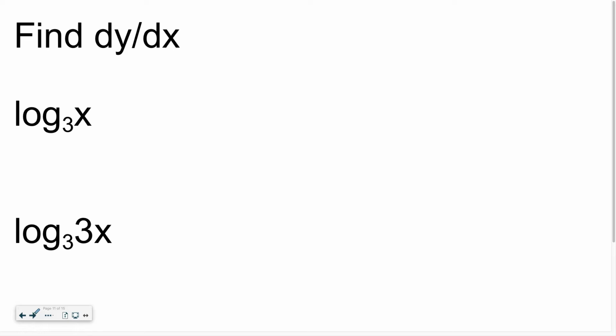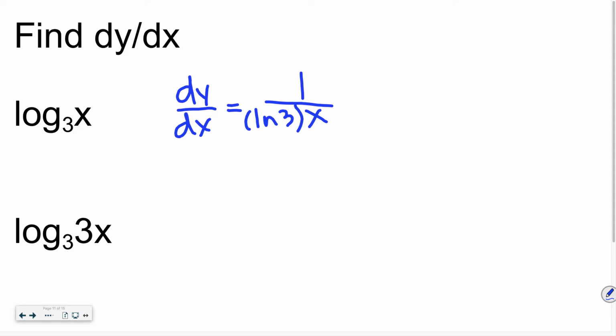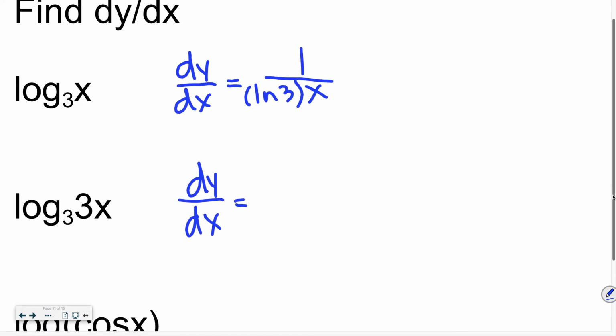All right. Log base 3 of x. Our derivative is 1 over what's inside, but since we're not base e, we have to multiply by natural log of the base in the denominator. With this second problem, 3x is inside.